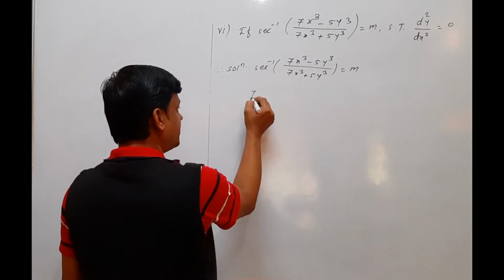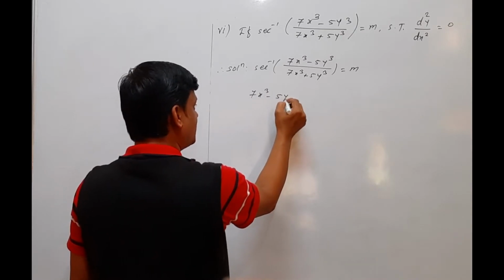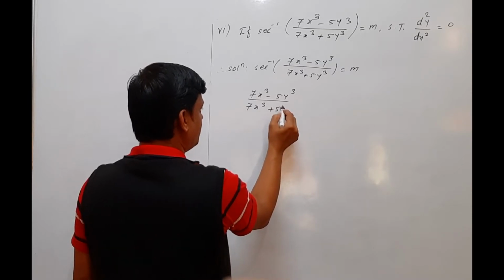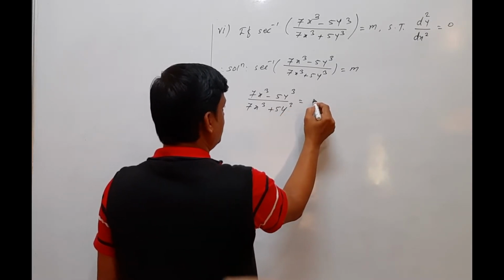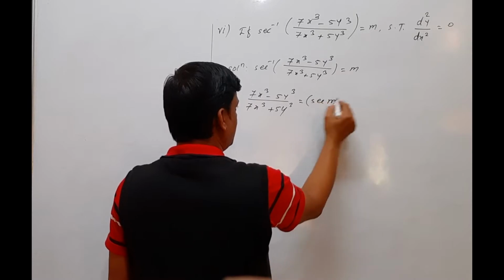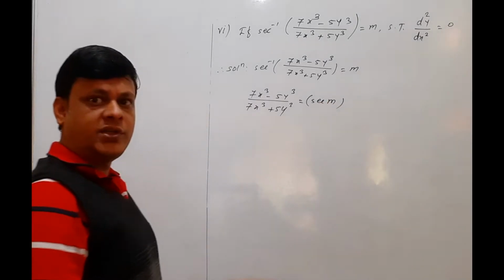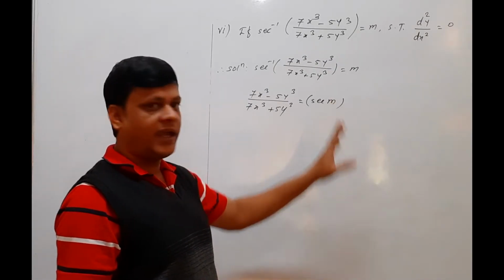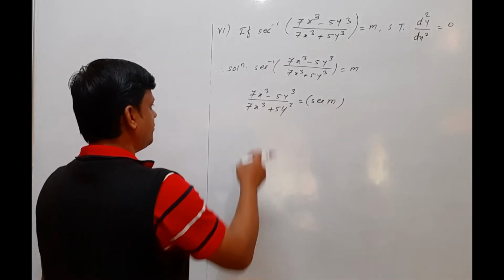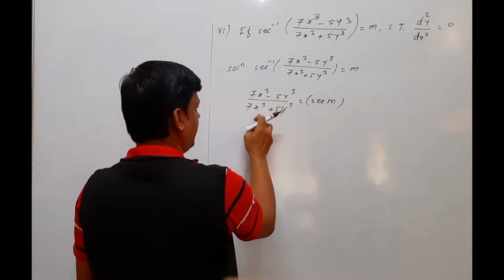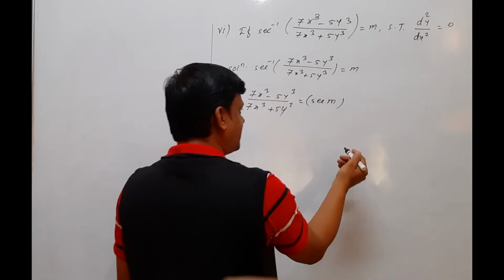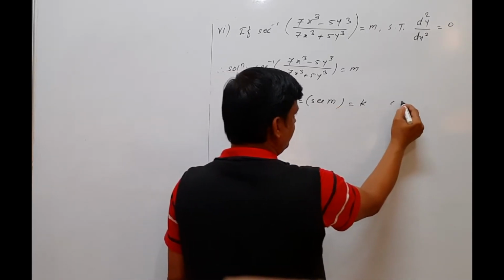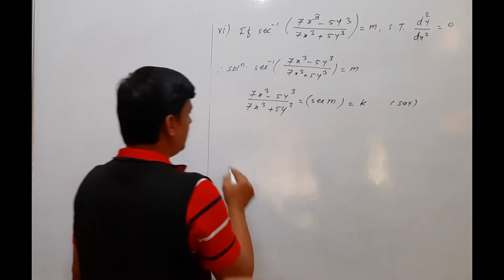So we get here 7x cube minus 5y cube upon 7x cube plus 5y cube is equal to sec of m. Now sec of m is a constant, so we represent this sec of m by any constant, say k. So write here k.